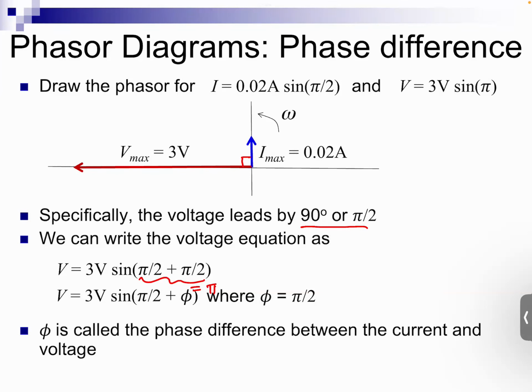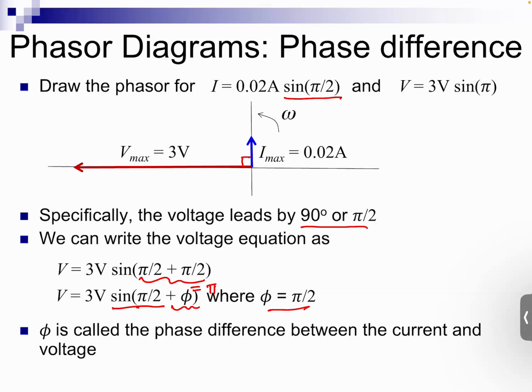Right? If you compare the current equation, that's sine of pi over 2, to the voltage equation, you have sine of pi over 2, which is the same. But for the voltage equation, you have this extra plus phi, which means that there's a phase difference of phi equals pi over 2 between the voltage and the current values.